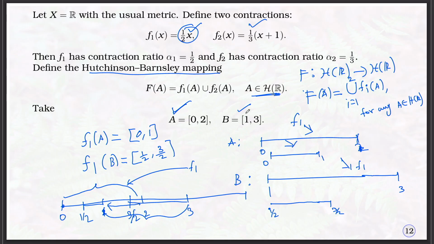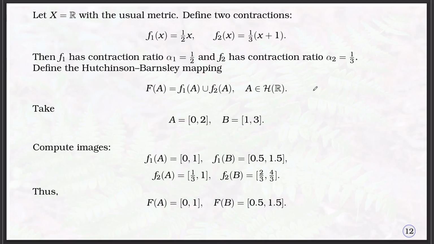Now, let us find the images of these two sets with respect to the next mapping. So, one can get the image f1 of A is 0 to 1, and f1 of B is 1 by 2 to 3 by 2.